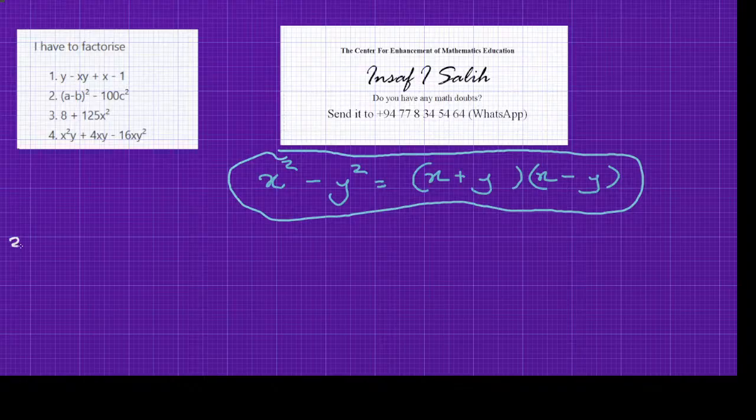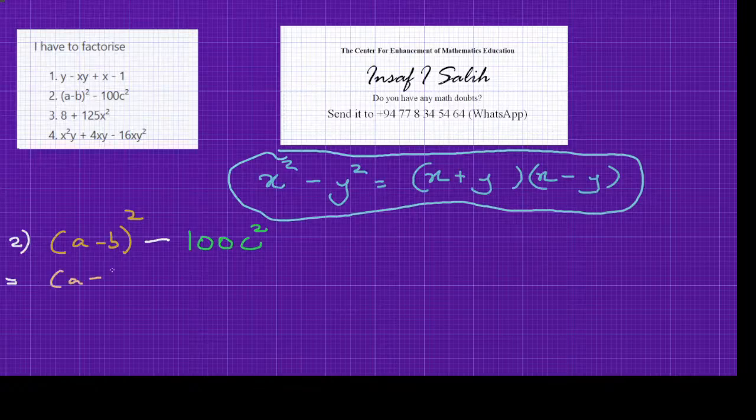So we have been given a minus b whole thing squared, subtract 100 c squared. Now this can be written as a minus b whole thing squared, subtract.